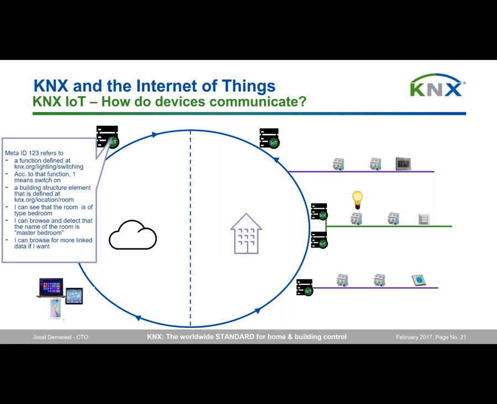This IoT stack would then say the meta ID 123 refers to a function which is defined at knx.org/lighting/switching. According to that function, the one means switch on.